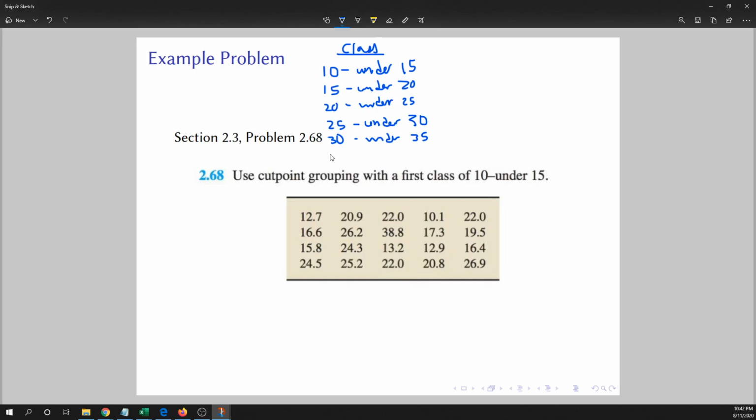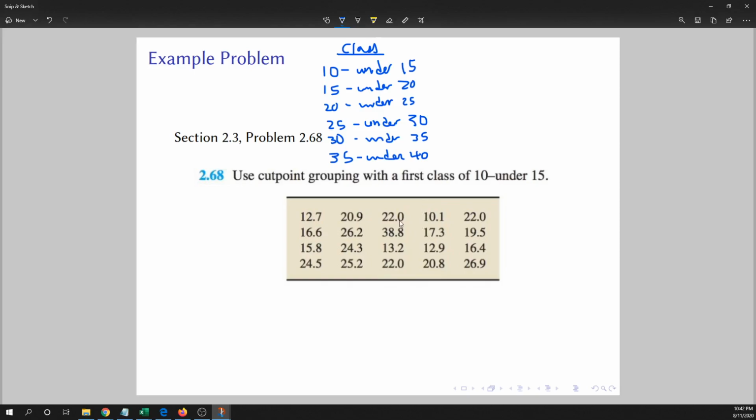And then 35 to under 40. All right, and that should do it, right? There's nothing that's bigger than 40. So 38.8 is about the biggest.